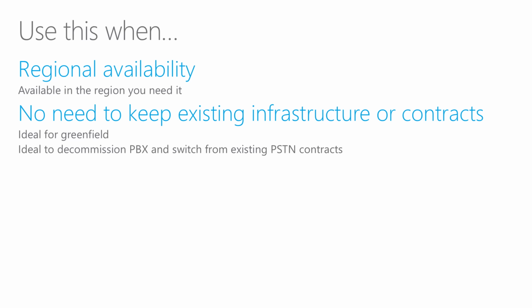But it is really the ideal situation for greenfield. If you have a new office, or if you have a PBX or any contracts that are end of life anyway, and you want to decommission your PBXs, then Cloud PBX with PSTN calling is the ideal solution because you won't need any PBXs anymore.